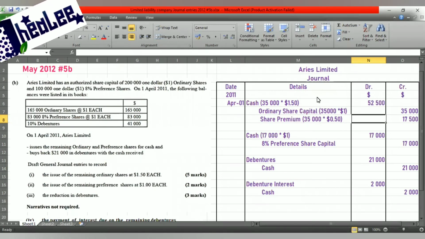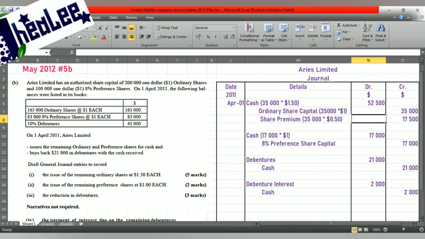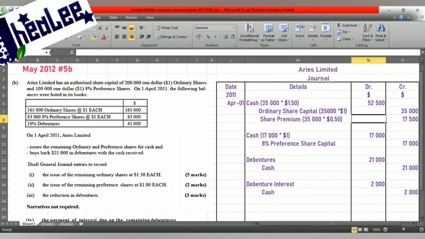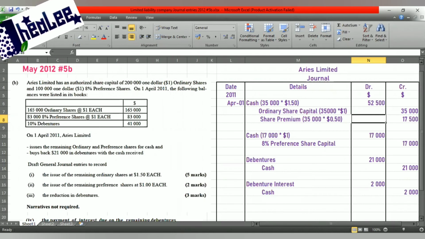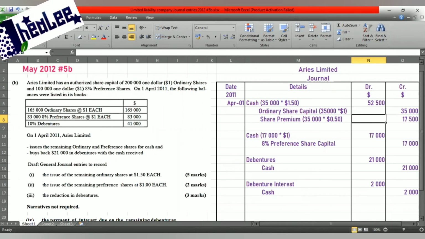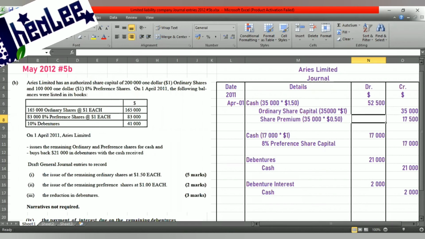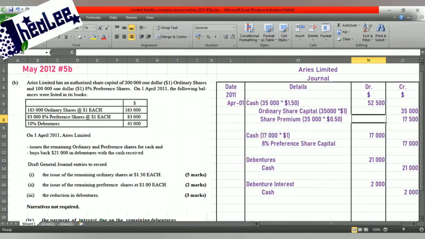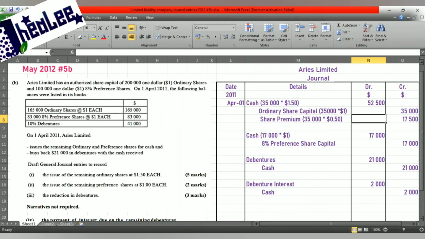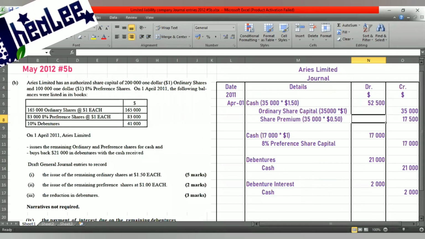Just to recap what we have done for this session, we have looked at the issue of shares. Once you issue shares, the cash or bank is debited and the share capital is credited. If you have issued above the par value or the nominal value, also called the face value, that extra that is generated from issuing the shares will go to share premium.